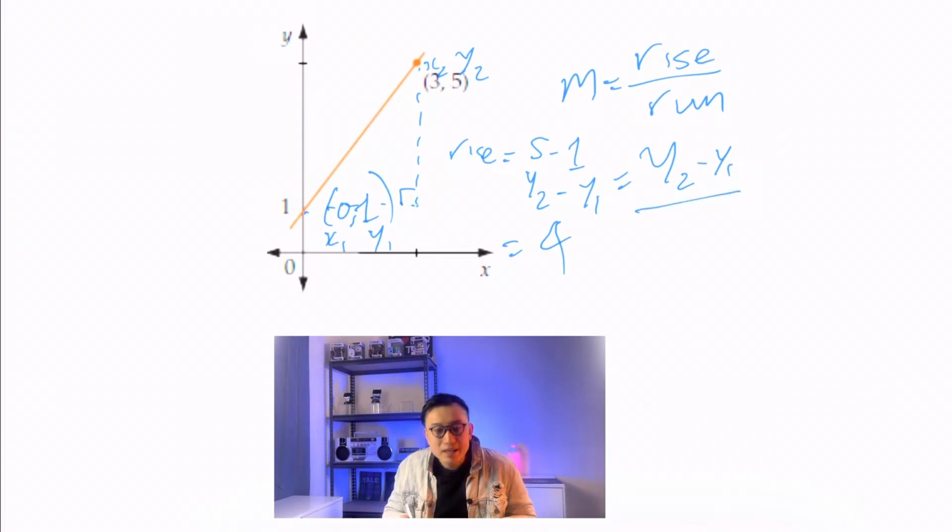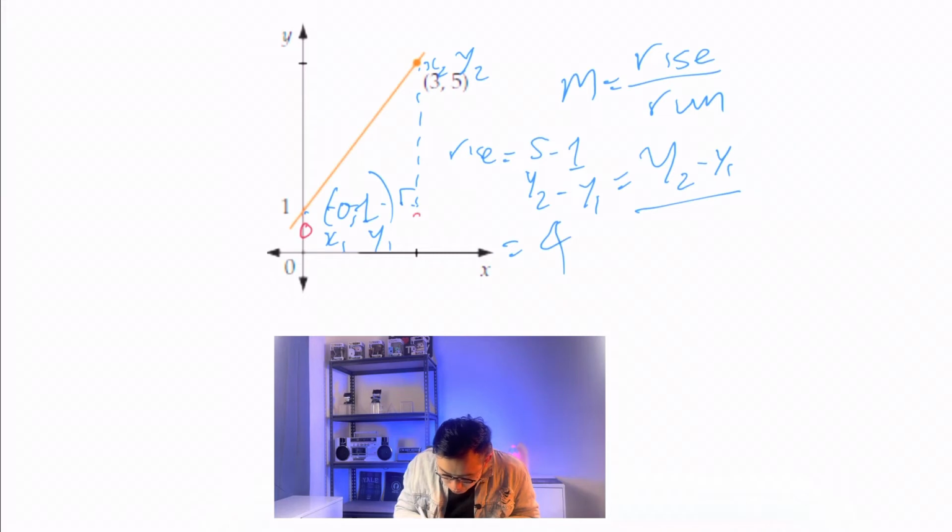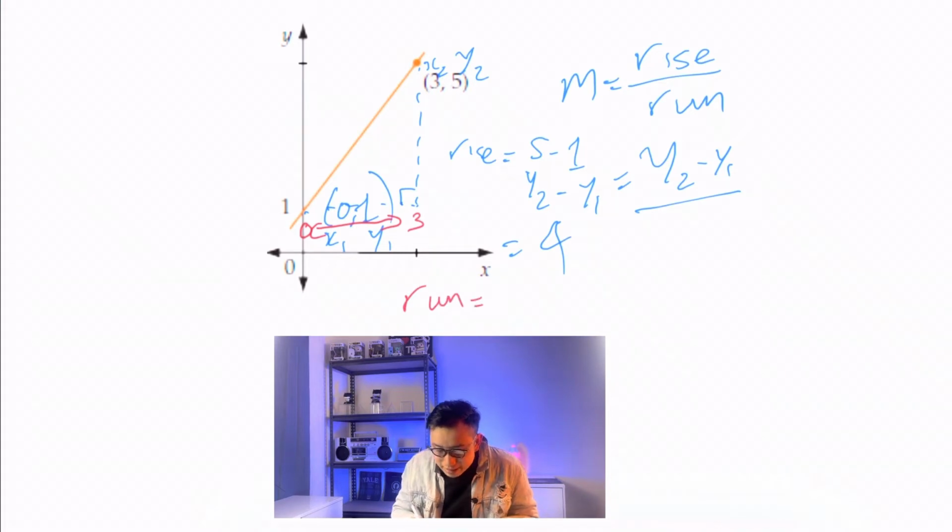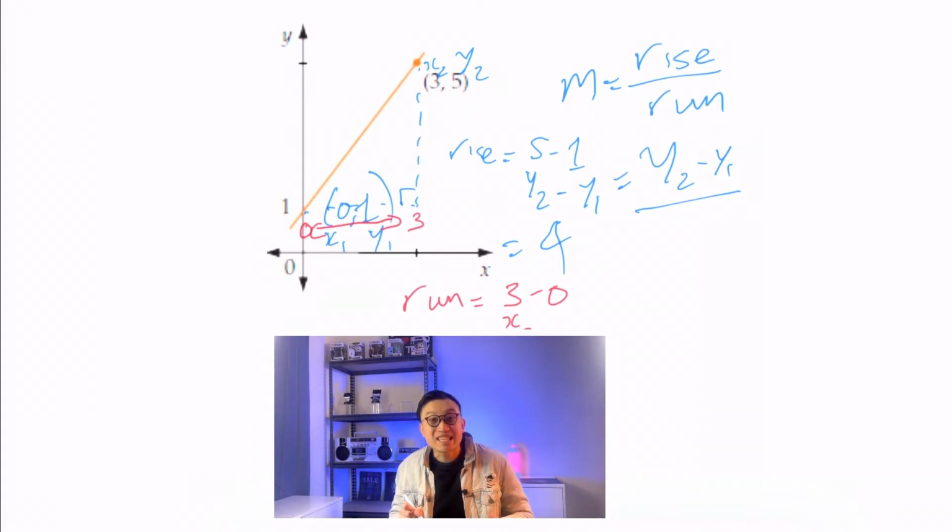And similar approach for the run as well. So we have actually ran from 0 to 3. So how do you actually find the run? Well, the run is, in this case, 3 minus 0. So 3 is the x2 value, the x value from the second point, minus x1, which is the x value of the first point.